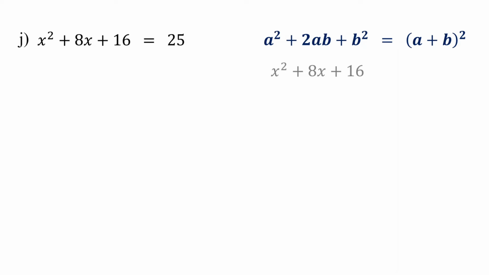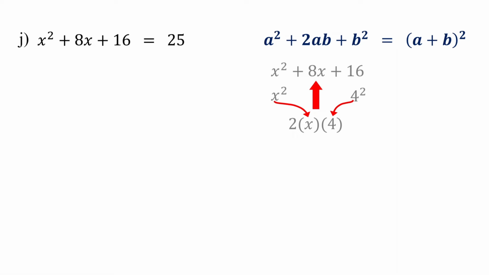First, check if the first term is a perfect square. X squared is indeed a perfect square. Next, check if the last term is a perfect square. 16 is a perfect square and can be written as 4 squared, right? Finally, check if the middle term is 2 multiplied by a times b. 2 times x times 4 is 8x.